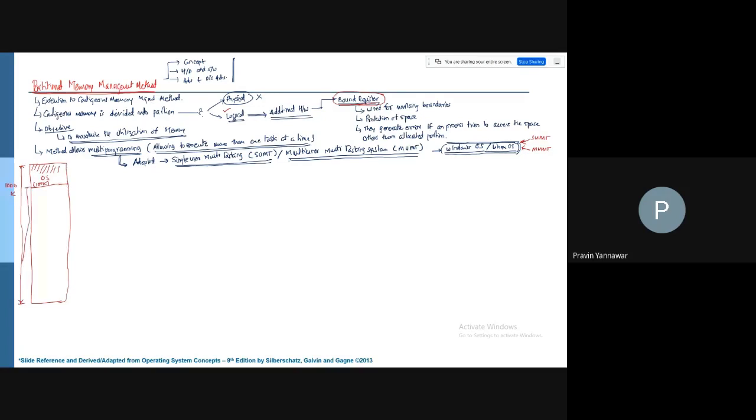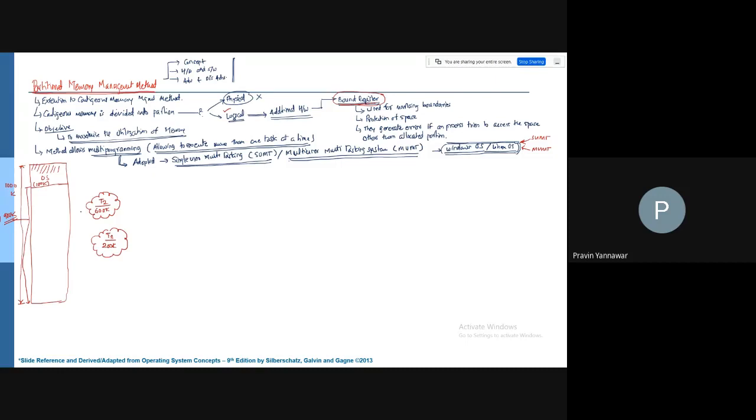Out of which this particular portion is 900K. The tasks we have, for example, are T2 of say 600K, and T3 of say 200K.